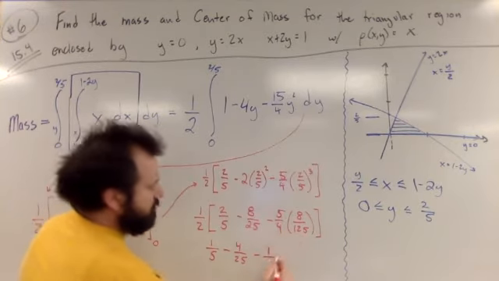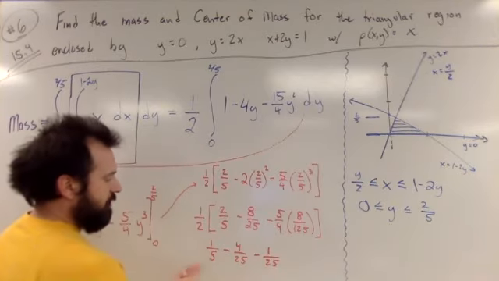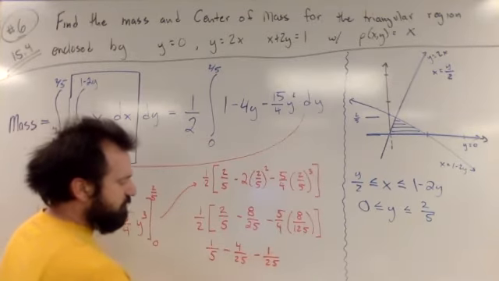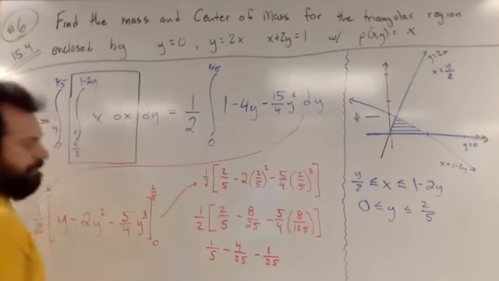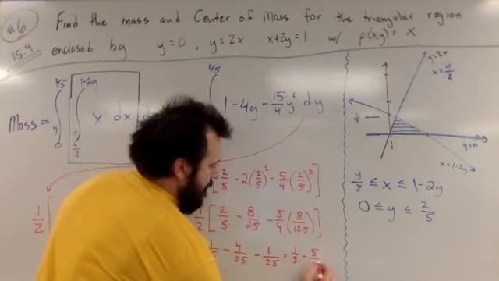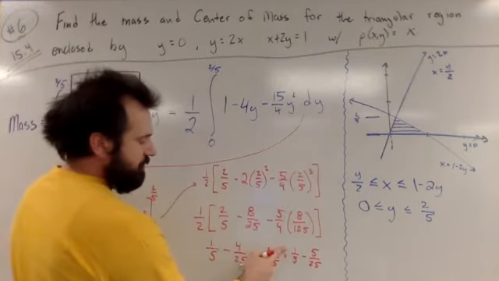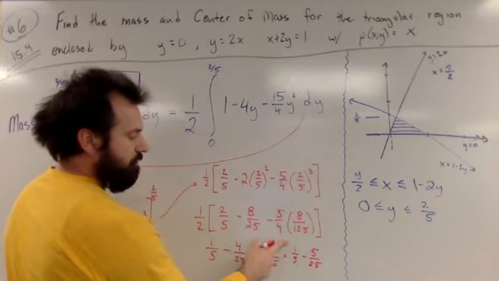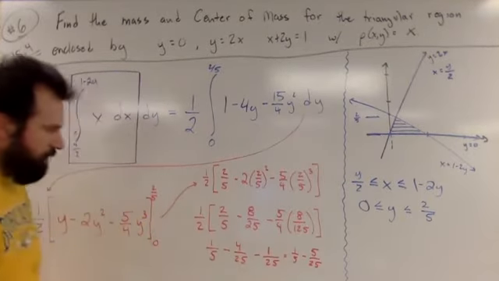There's 5, and that will turn into a 25. A fifth minus 5/24. So let's see what that is. So this is just going to be 5/25. Hold on, something's not right.